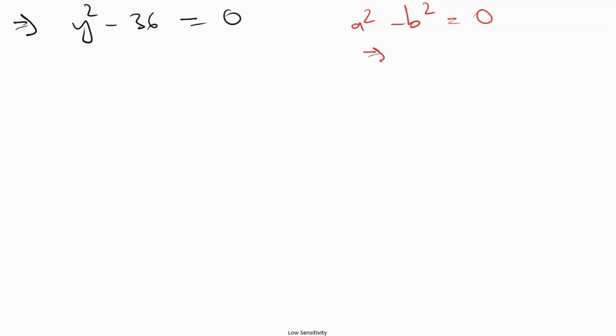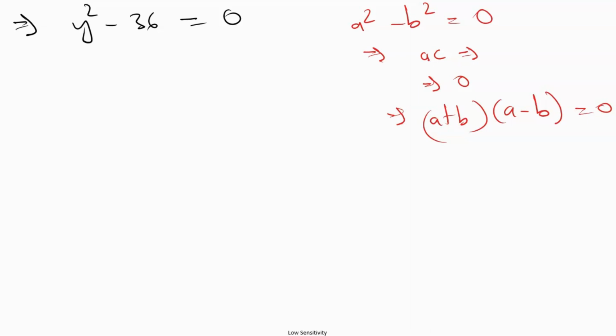We know that we can rewrite this because, remember, in order to get the factors of a quadratic, we want to find the product such that the difference is also going to be 0 in this case, because we don't have a first-order term. So we can rewrite this as a plus b, a minus b equals 0.